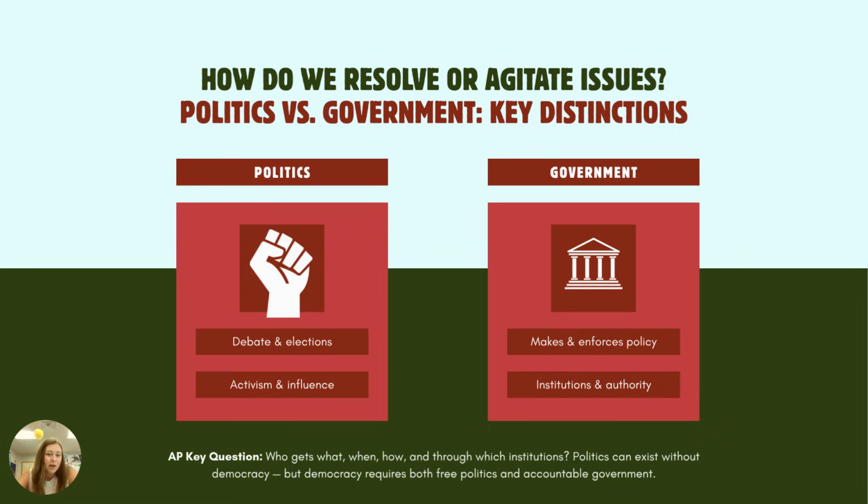Authoritarian institutions, for example, right? So these concepts are really tightly connected. And the big overarching question, the key distinction here, is who gets what, how do they get it, when do they get it, and what institutions provide it. That's what politics is attempting to settle on about every issue, and it works through government systems.